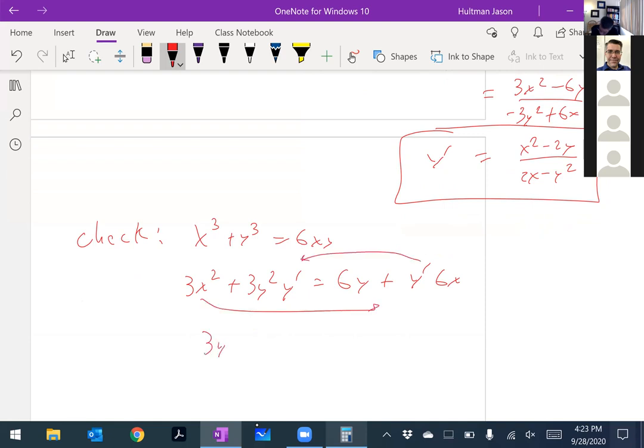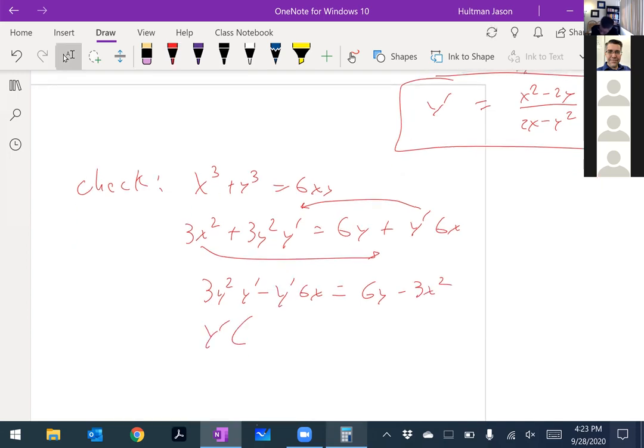Now I'm going to toss this guy over here and this guy over here. I get 3y squared y prime minus y prime 6x is equal to 6y minus 3x squared. Factor out a y prime, and I get y prime equals 6y minus 3x squared divided by 3y squared minus 6x.